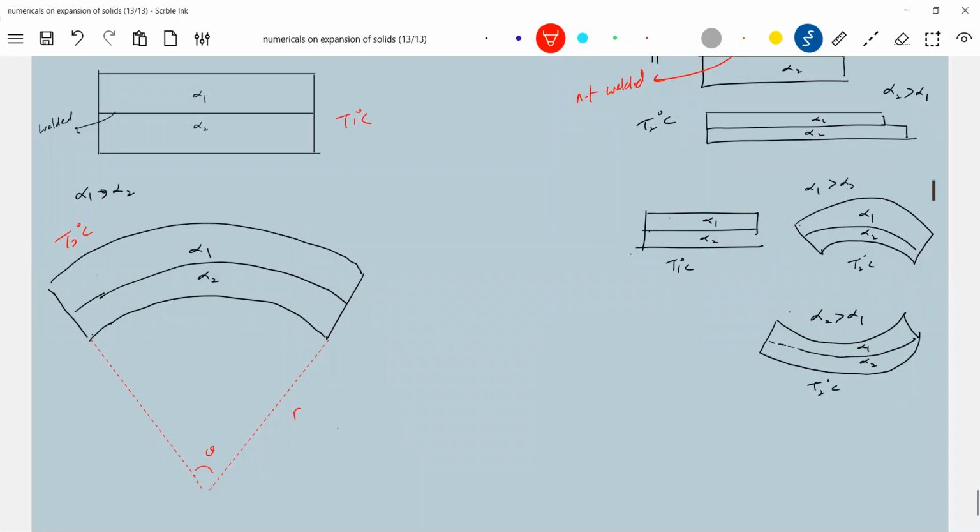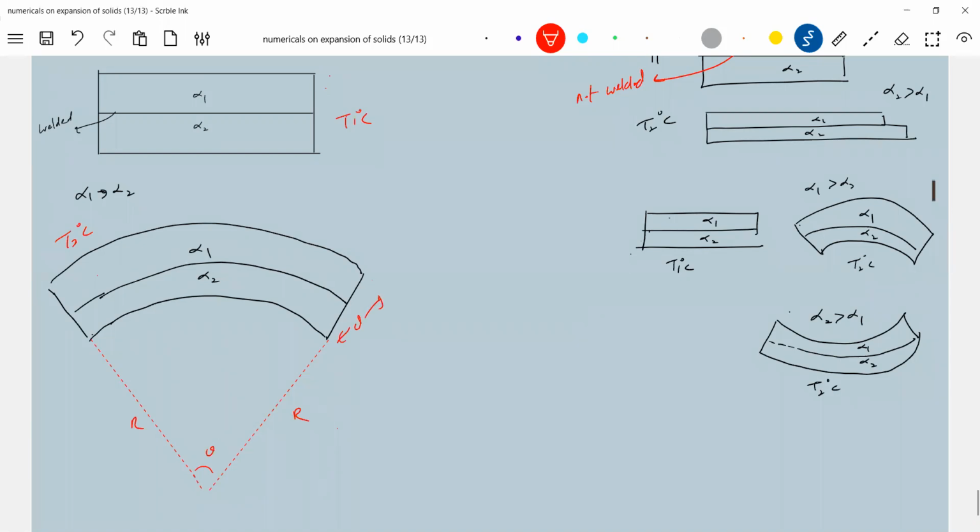So let R be the radius of curvature. Let the thickness of, okay, then this one, let it be D.